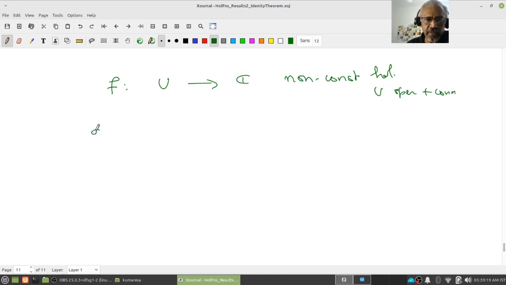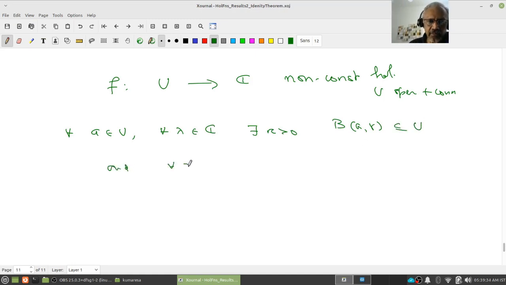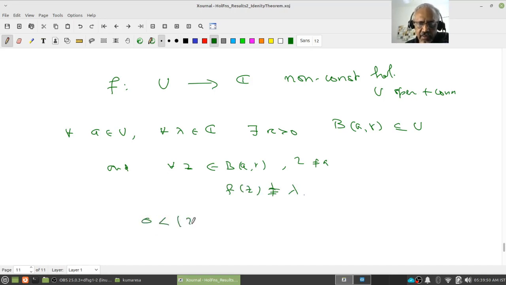Now for any a in U and for every lambda in C, there is an r positive so that the ball B(a, r) is contained in U, and for every z in the ball, z not equal to a, f of z is different from lambda. It looks very complicated, but it's not. That means 0 less than the distance between z and a less than r implies f of z is not equal to lambda.